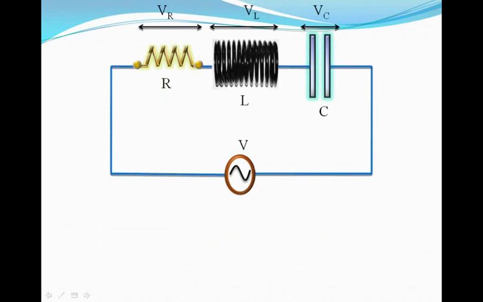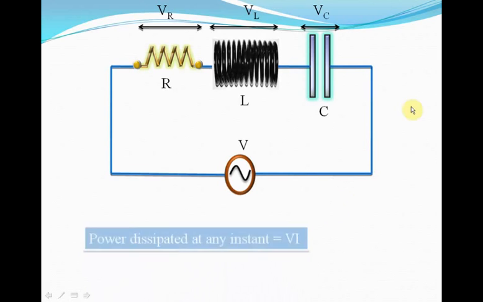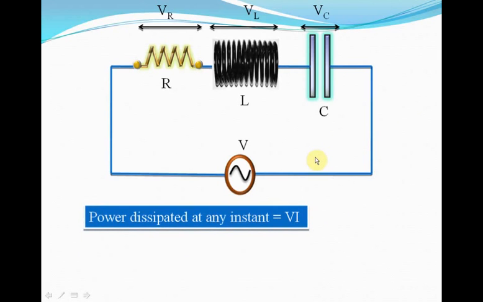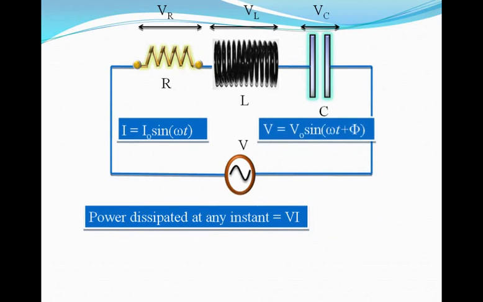In the case of a series AC circuit, for example, however, the power dissipated at any instant is still VI. But the issue is that V and I are not constant. After all, we know that I is I naught sine omega t, and if V leads I by a phase phi, in that case V is V naught sine omega t plus phi.